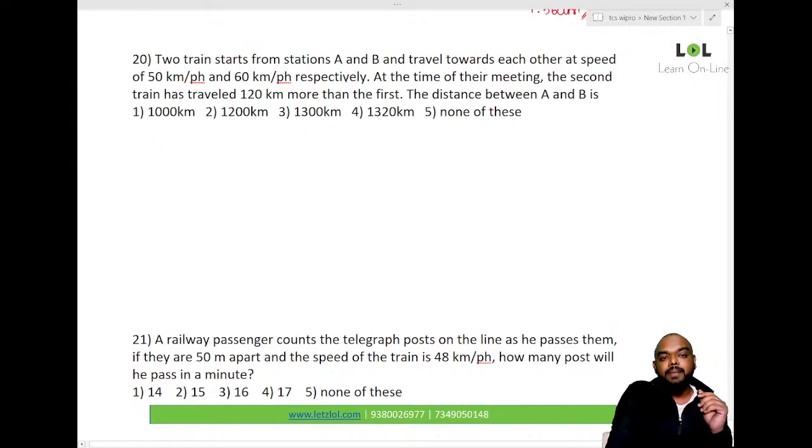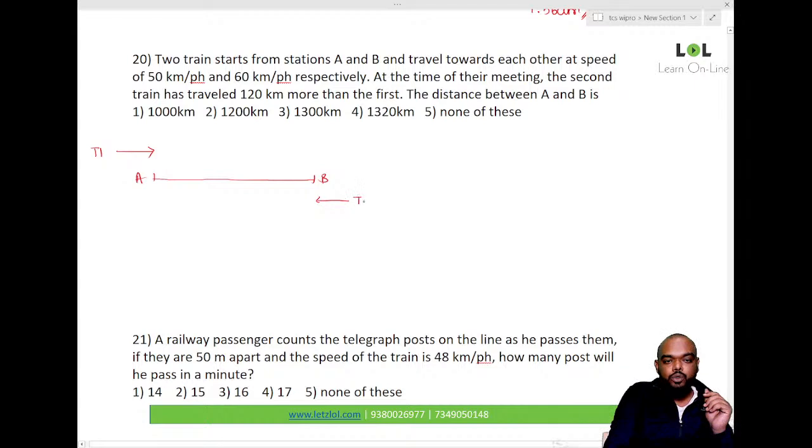2 trains start from stations A and B and travel towards each other at speeds of 50 km per hour and 60 km per hour. Okay, 2 stations. One is A and the other one is B. There are 2 trains. Let us call them train 1 and train 2.